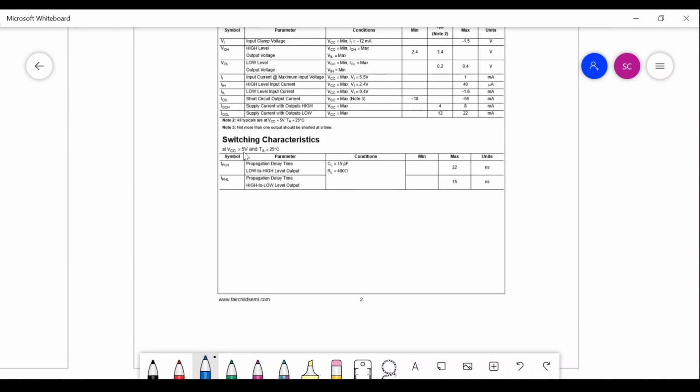This is something important which we need to know. There is something called the propagation delay time. This is a switching characteristic. So the logic gates inside this IC chip will take some time to switch from low to high and high to low. There would be some time taken to change its state from low to high and high to low.